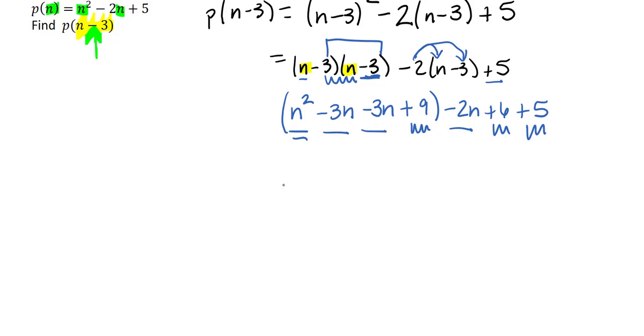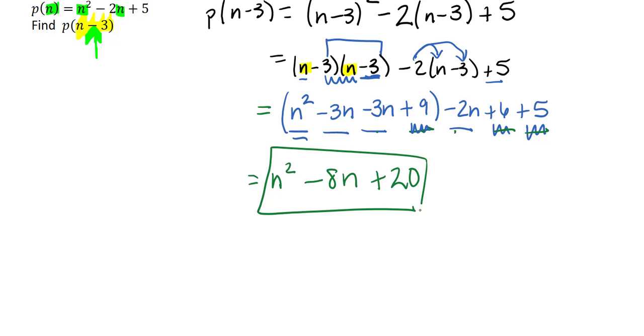We just have n squared, so we can leave it as is. Then we have negative 3n minus 3n, which is negative 6n, minus 2n is negative 8n. Then we have 9 plus 6, which is 15, plus 5 is 20. So when we evaluate the function at n minus 3, we get this as our solution.